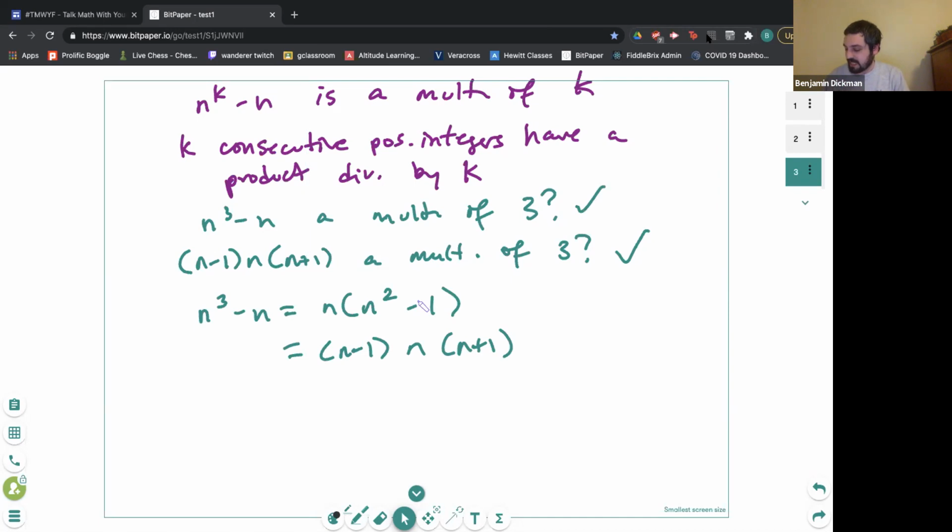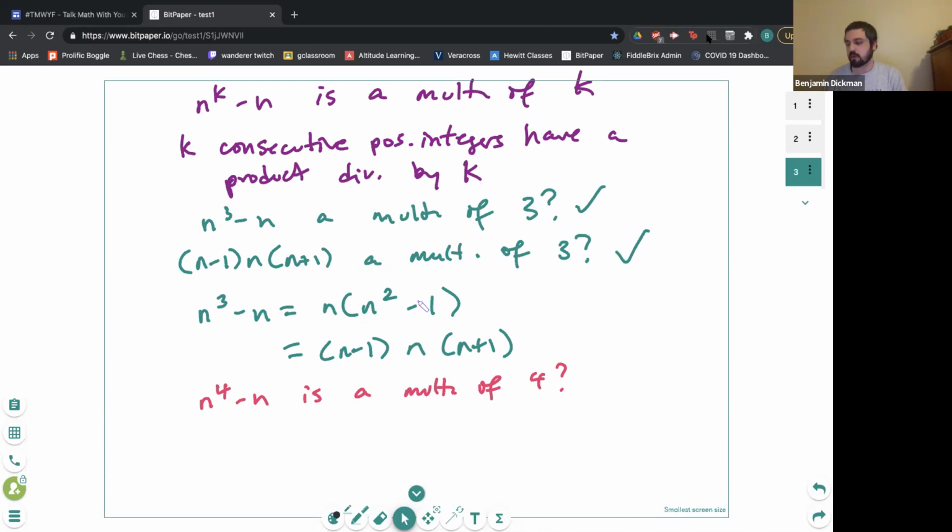Because if you take the next case, n to the 4th minus n, is this a multiple of 4? And we're asking this about all counting numbers n. If you plug in 0, which is not even a positive integer, that's a multiple of 4. 1 minus 1 is again a multiple of 4.